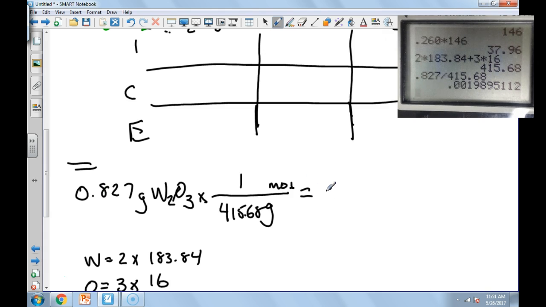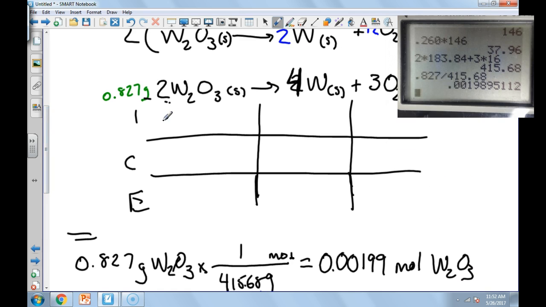And so now this is a really tiny number, 0.0019. Now I'm going to round it to 3 sig figs, so that's moles of W2O3, and the answer is 0.00199 moles. Okay, now that's the start.